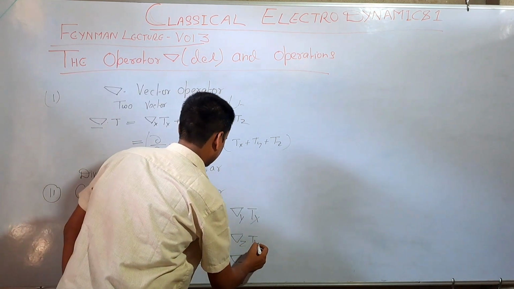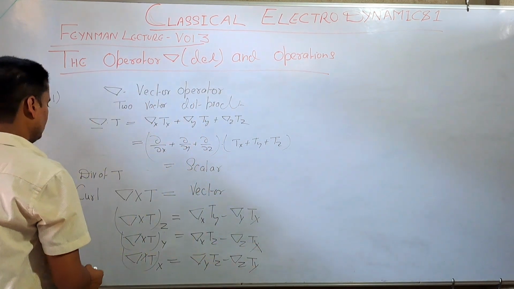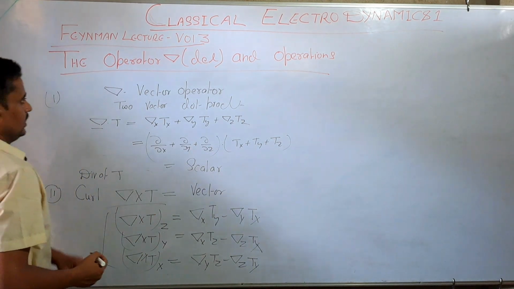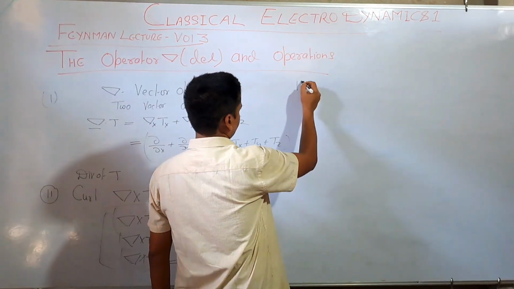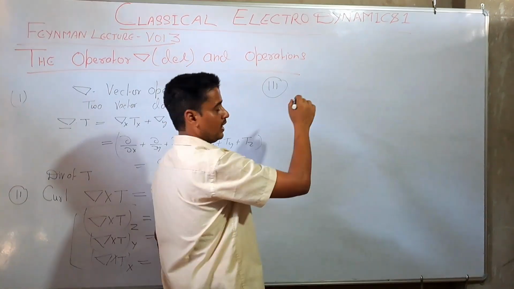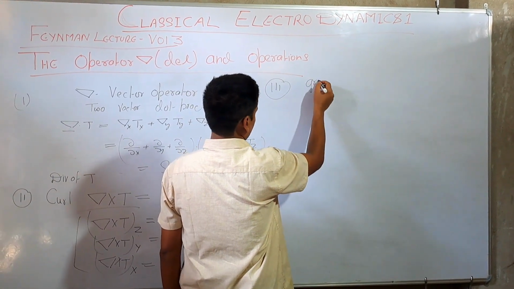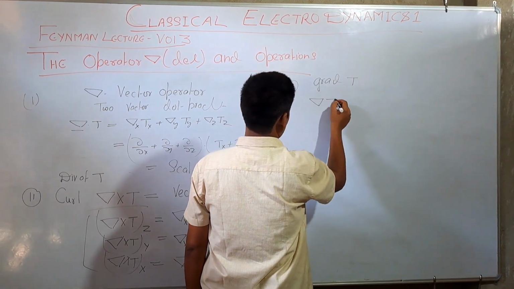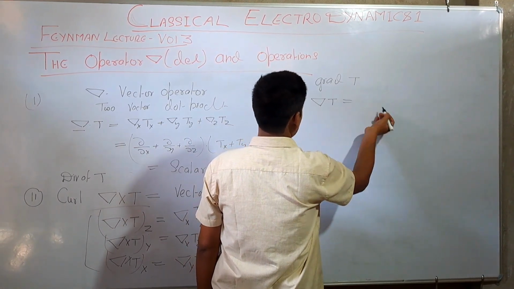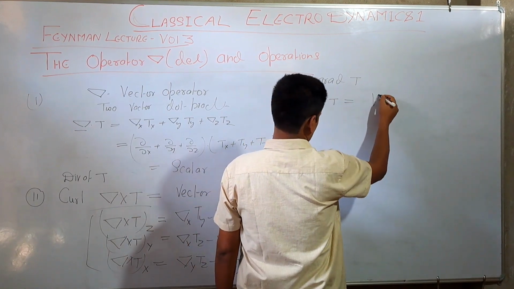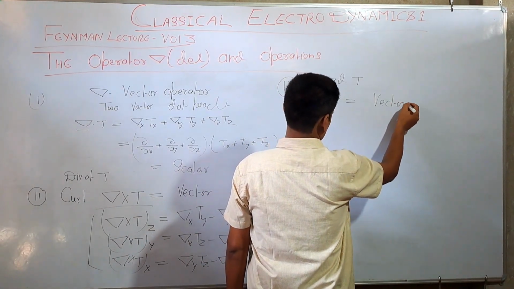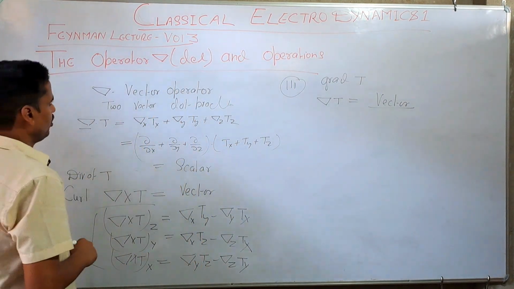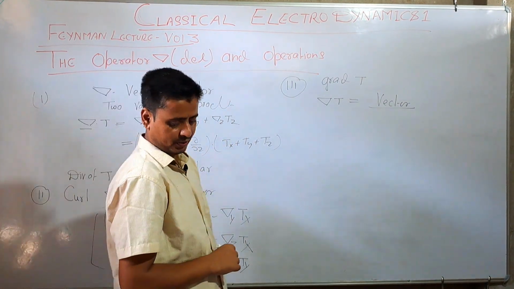This is x. So there are three components of this curl vector, and the third operation is gradient, grad T or del T, which is a vector. So we can perform three kinds of operation with the help of the del operator.